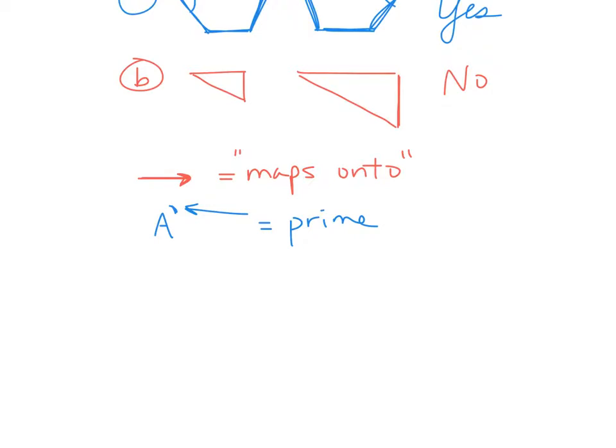How you're going to see it a lot of the time is they're going to say A from one figure maps onto A prime in the new figure, okay? So this is the setup that you'll see a lot, is something maps onto something very similar to it, right? A became A prime. So A was the pre-image, A prime was the image.